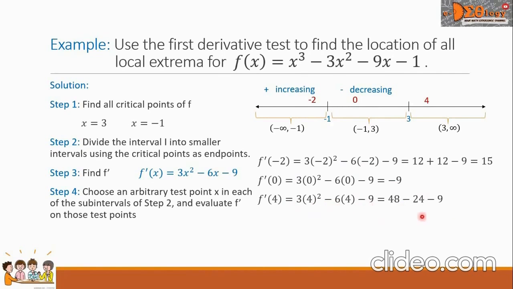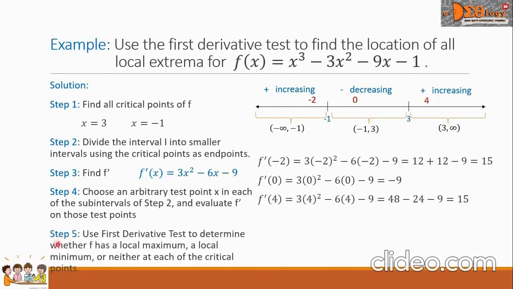When we simplify this, the final answer is +15. Again, we are more concerned with the sign of this number 15, and that represents the sign of the derivative on this sub-interval. Let us take a note here of the plus sign, and we know that there is an increasing function over this interval.